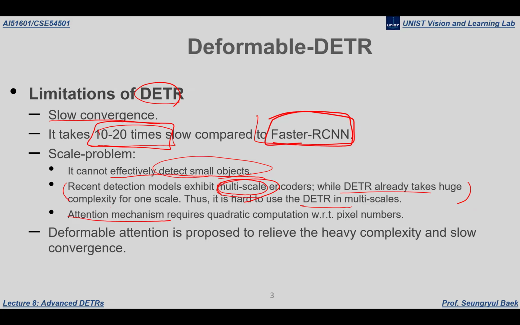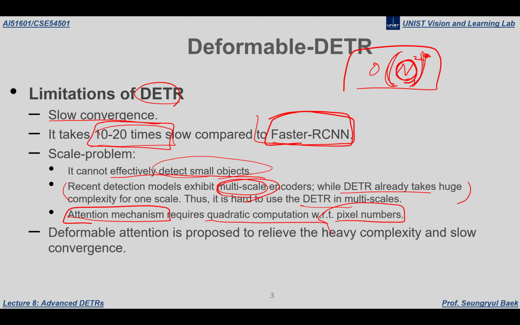And also the attention mechanism in the transformer. When the input to the transformer has n number of tokens, then the attention mechanism's time complexity is order n squared. So it requires quadratic computation with respect to the pixel numbers, which is the number of tokens in the attention mechanism.